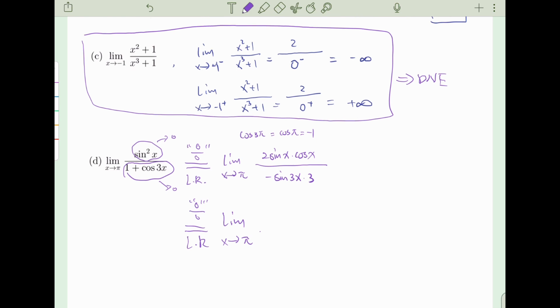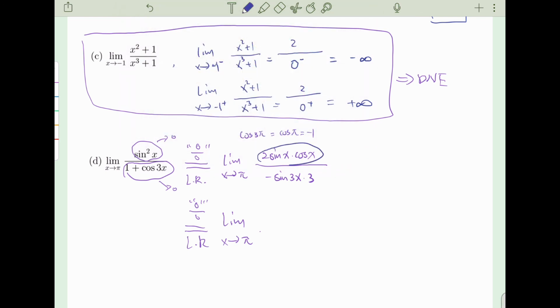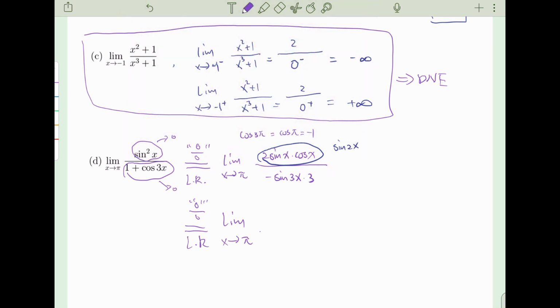That's complicated. Oh, I noticed that I can actually simplify this expression by using the trig function identity. So this thing is actually sine 2x, right? So I can take the derivative of the sine of 2x. That's easier than taking the derivative of this product, right? So I have cos of 2x times 2 divided by negative 3 times cos of 3x times 3.